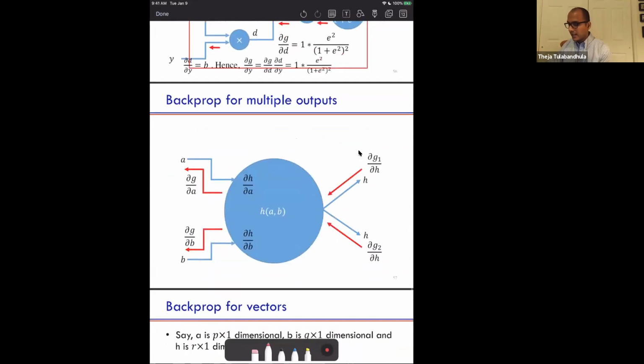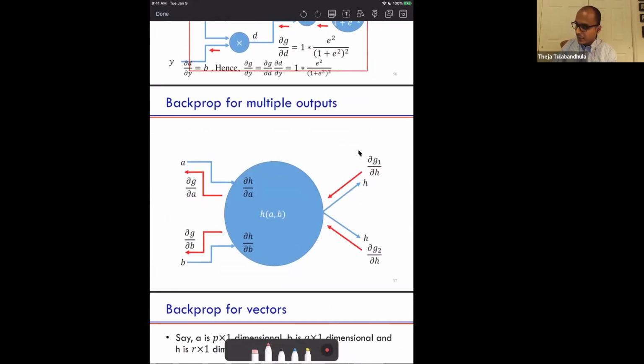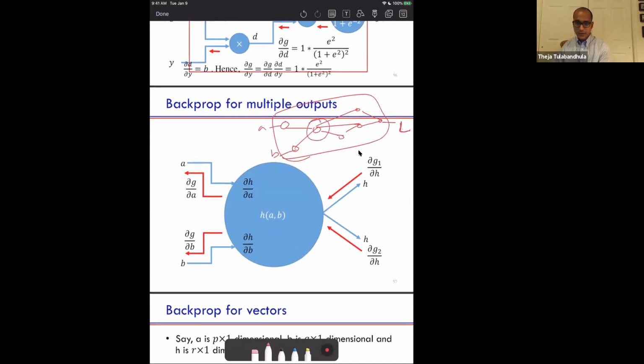The pattern is that when you have a huge computation graph, with lots of computations going on, and at the end of the day you get a loss value, then to get the gradient of L with respect to some input, maybe A and B, you don't have to worry about the whole graph at the same time. What you care about is looking at each node individually and doing some local computation.